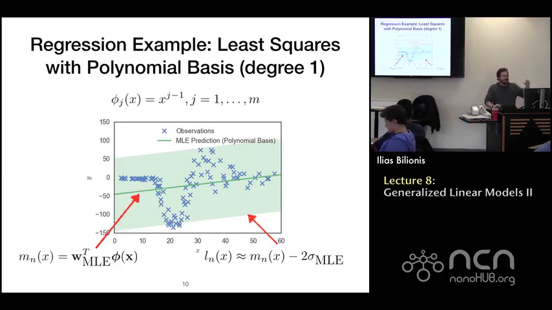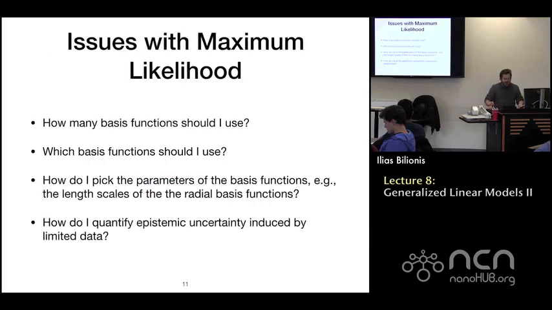And we can use the mean as a median prediction, if you like. And this is pretty much it. But still, the only thing that the maximum likelihood approach achieved was to give us an estimate of the noise. All the other problems remain there. So now we're going to start addressing these problems one by one.